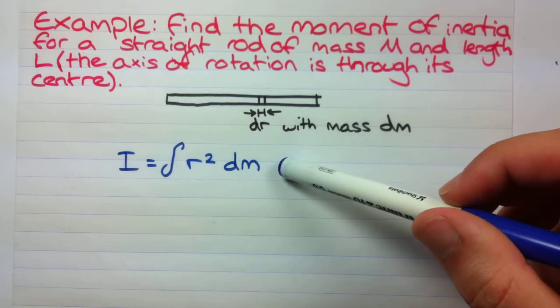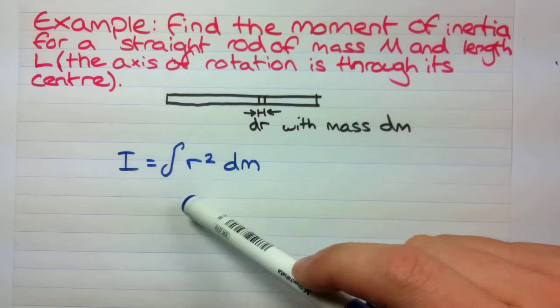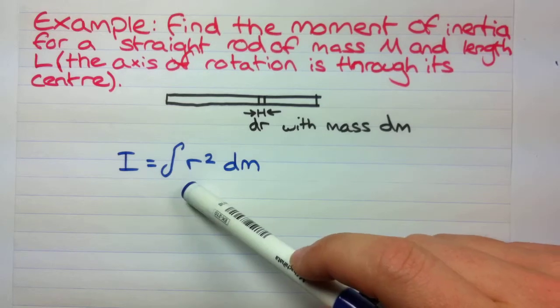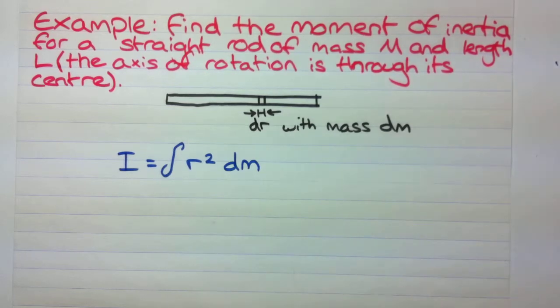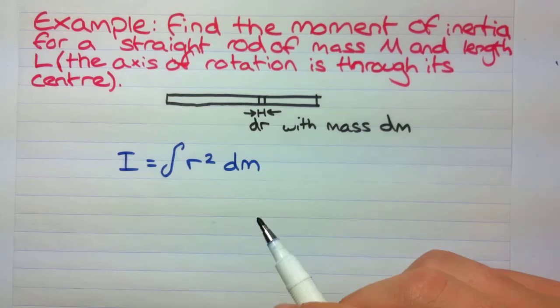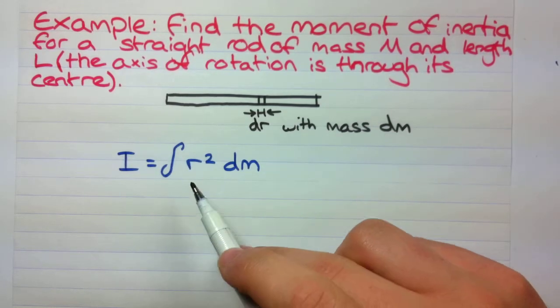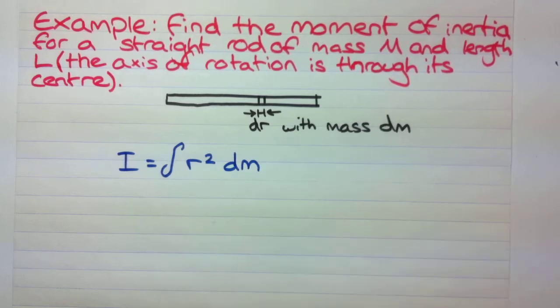So you can see why it's going to be a bit more complicated, because we can't integrate this yet, as we've got r squared in terms of dm. What we need to do is figure out how to change one of these to suit our equation.